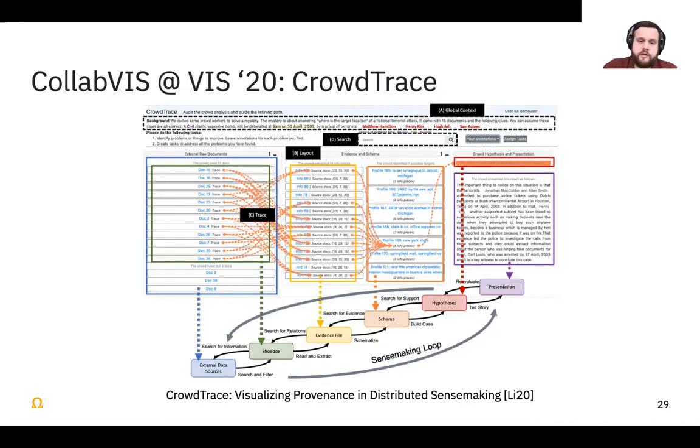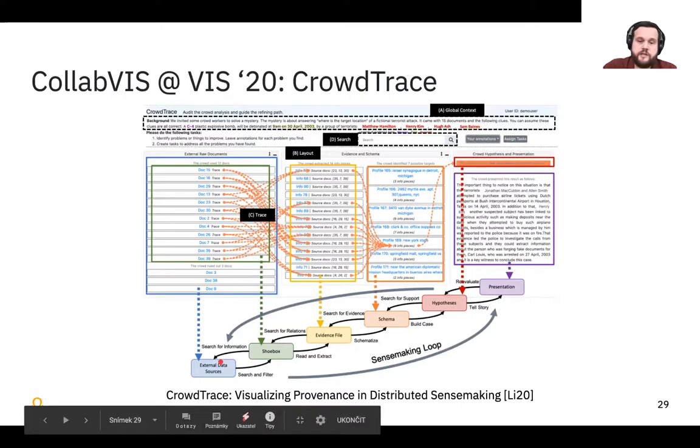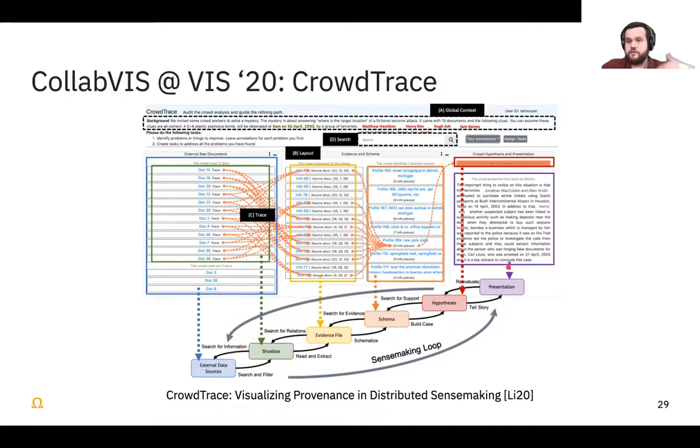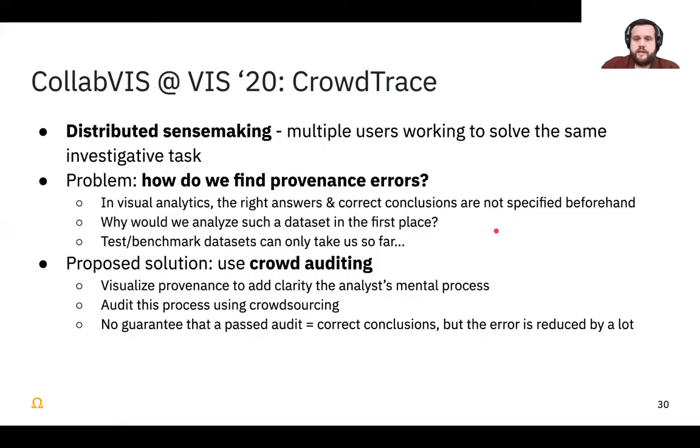How do we get from external data sources to our final hypothesis or presentations or the deliverable, what we want as an outcome of our visualization process? And here it's demonstrated on this kind of mystery solving task that they have given their users. So distributed sense making means in this case that multiple users work to solve the same investigative task.